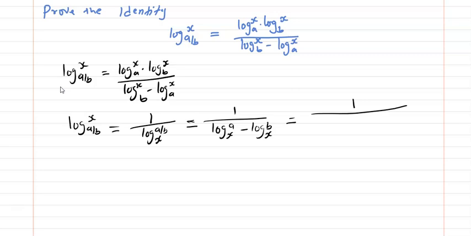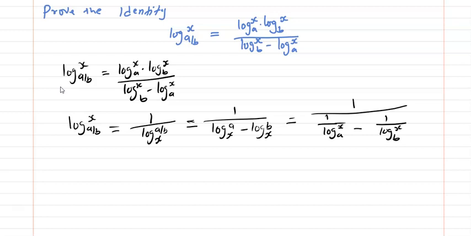Let's change the base, which is 1 over log x to base a, right? Minus the same thing of 1 over log x to base b. Now this has become this.